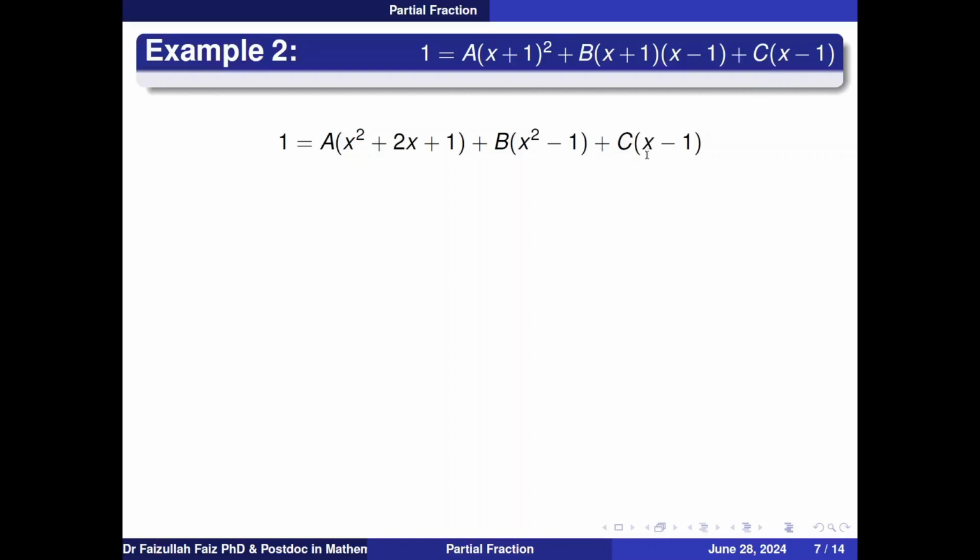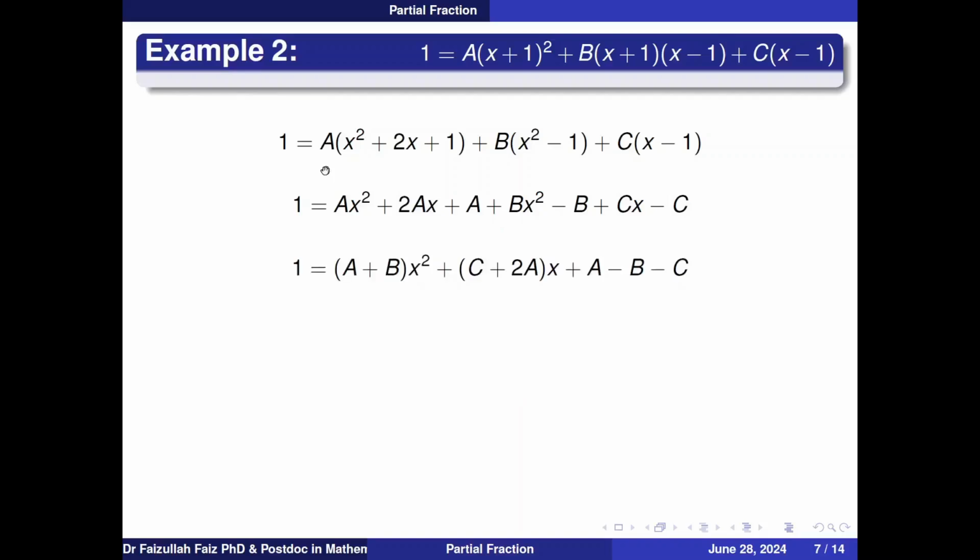And the third term is as it is. Multiply a with each term, then b with each term, then c with each term. And then take x square common from these two terms, so we get a plus b into x square. Take x common from these two terms, so we get c plus 2a into x. And write the constant terms, a minus b minus c.